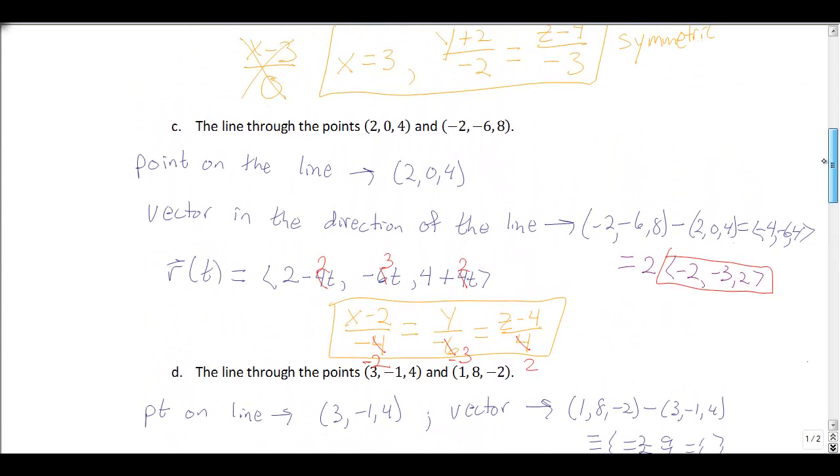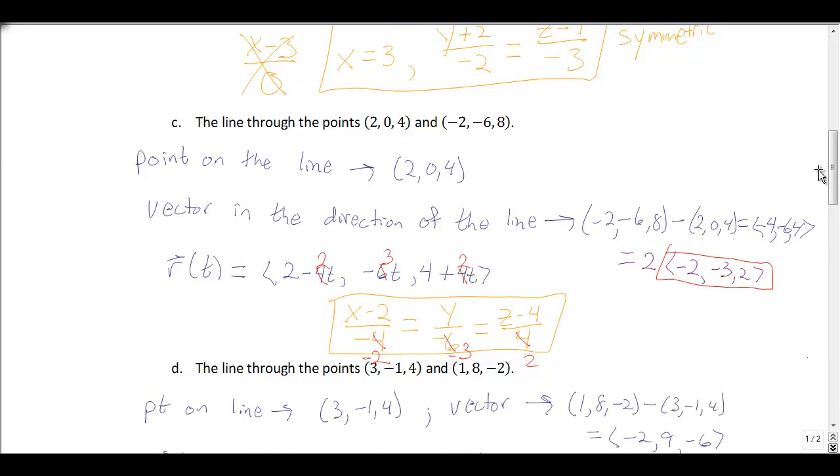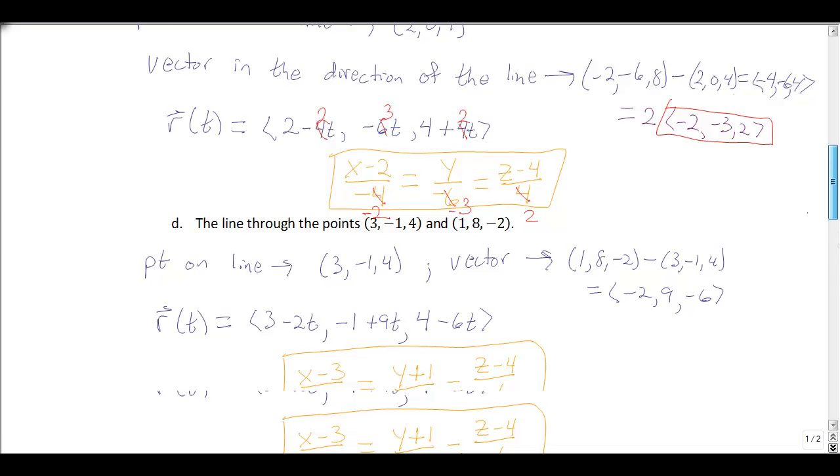So you might eventually just start with the parametrization. Okay, this is a little bit messy. I think I'm going to have to rewrite this. I have 2 minus 4t, negative 6t, and 4 plus 4t. Or I could use the red numbers, but let's use the blue.